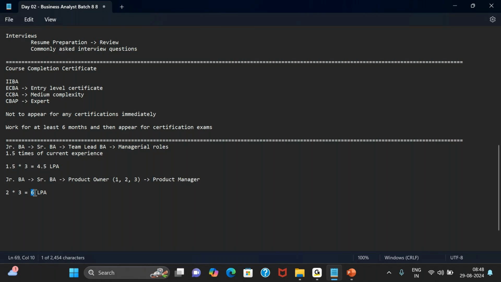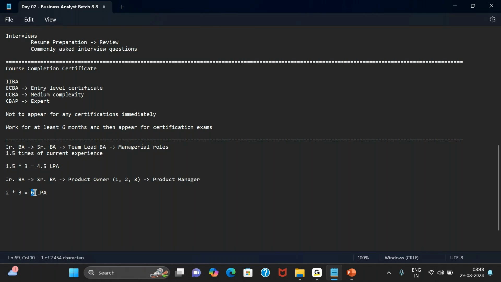Suppose you already have an offer letter that has given you a 50% hike, and you apply to another company and get an offer letter there. Then you can bargain, saying I already have a 50% hike, how much better can you offer me? So there is no fixed criteria as such.